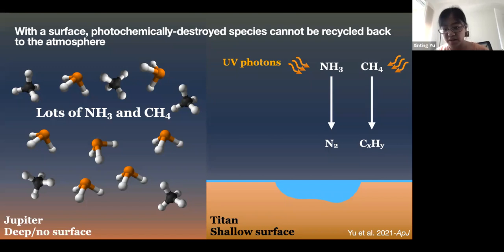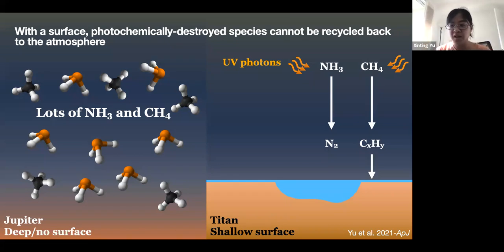While for Titan, there's only a shallow surface that cuts off the thermal chemistry happening in the deep, hot part of the atmosphere. So N2 nitrogen will just stay around in the atmosphere, and that's why we observe Titan to have a 95 to 98% nitrogen atmosphere. Methane will be converted to hydrocarbons, and the hydrocarbons have nowhere to go but to be deposited on the surface.